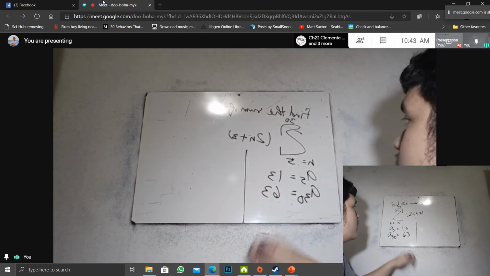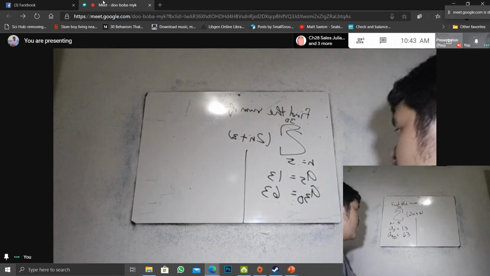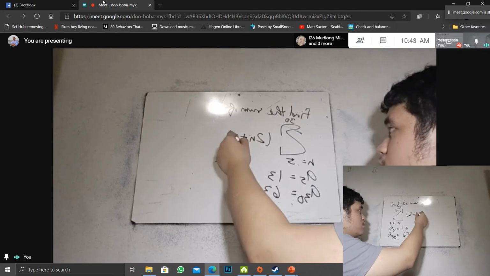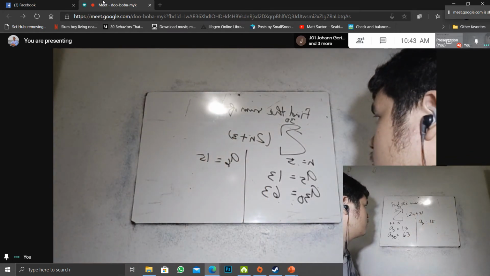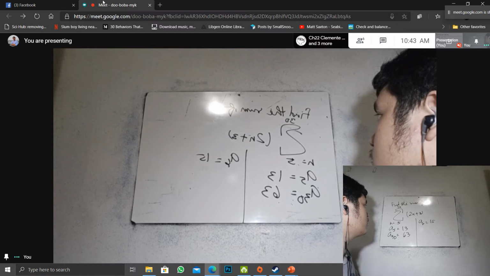Try ko lang hanapin yung common difference. A sub 6 equals 15, di ba? Tama pala.